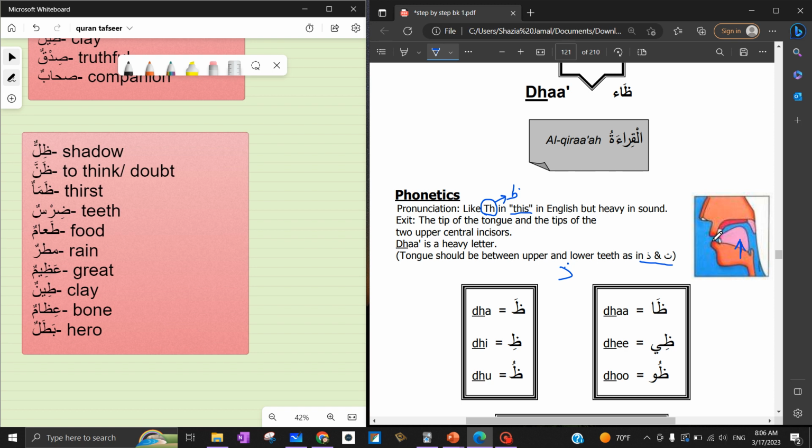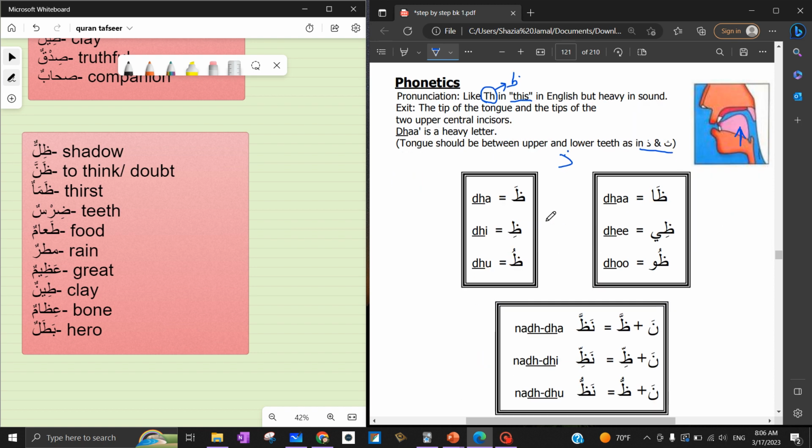So that's how you pronounce the heavy letter. Now here, as you can see, this is the letter with all the short vowels and long vowels. And how do you speak with the kasra? As we did in ra, ra is spoken light when it is with kasra.